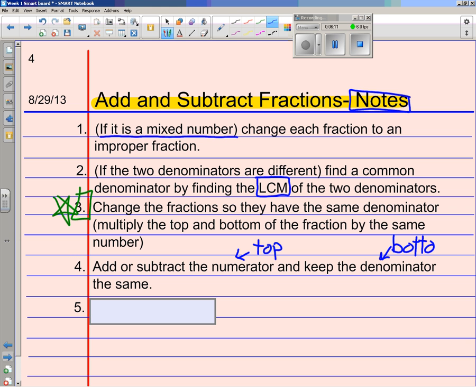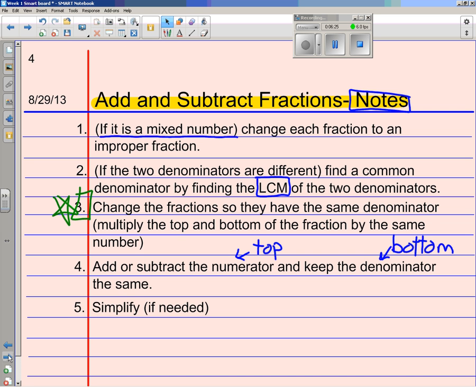You need to be familiar with those vocabulary words because when you take a test or a quiz or do a project, it's going to be described as numerator and denominator, not top and bottom. And the final step is simplify. You won't always have to do that step, but if you need to simplify, simplify. You will get the answer wrong if you don't simplify. Okay? Pause it, write down the steps if you need to.